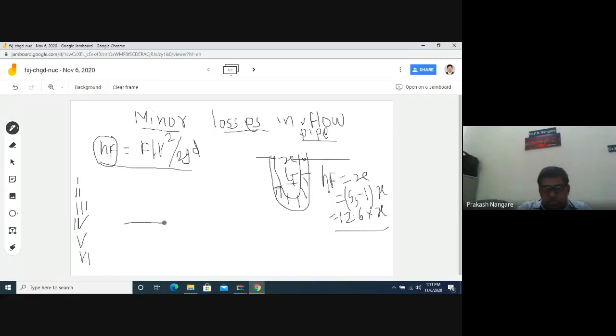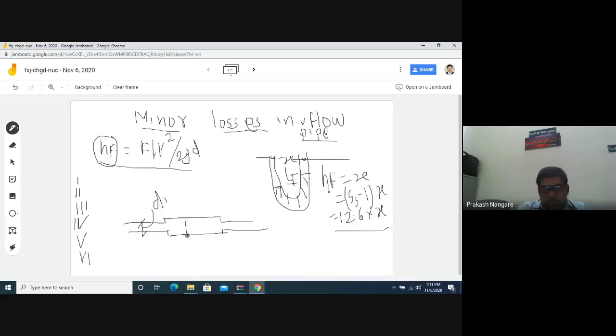Suppose this is a section of pipe having diameter D1, and you observe an enlarged section like this, where the diameter is increased.